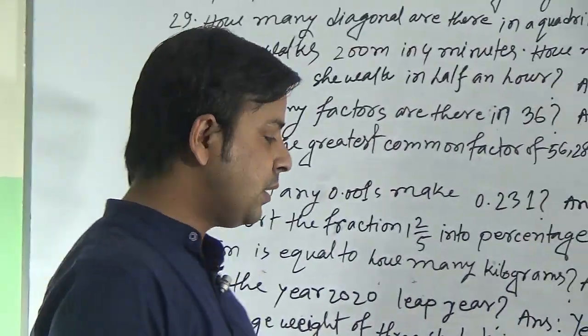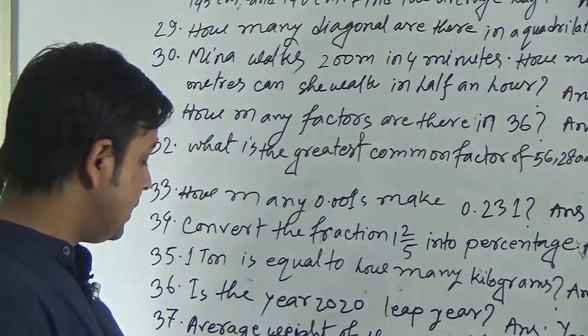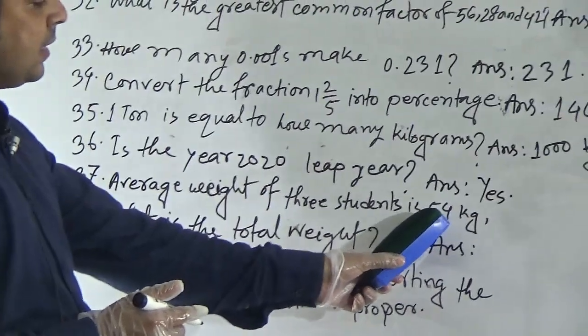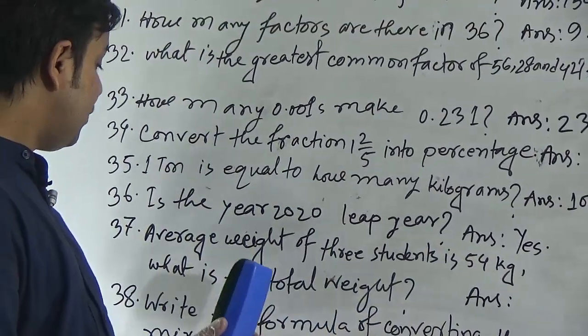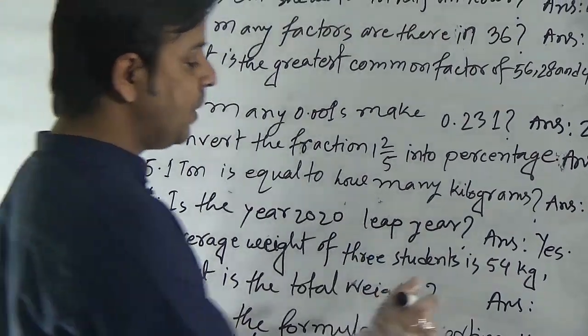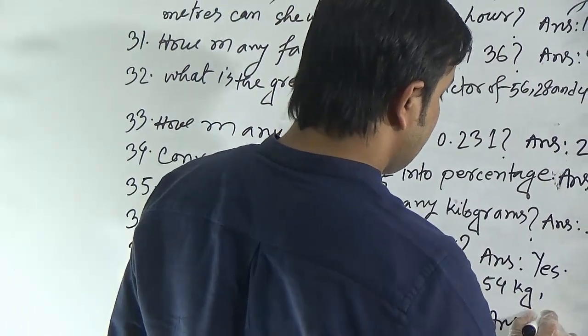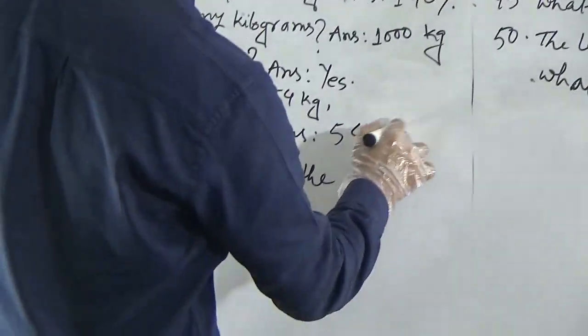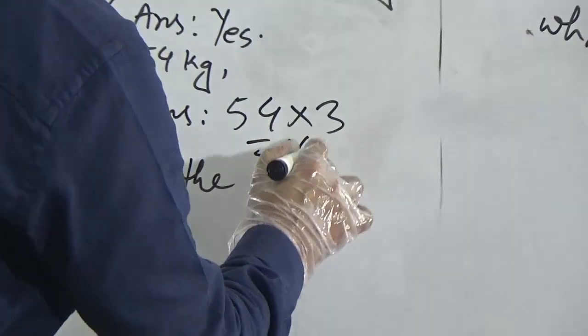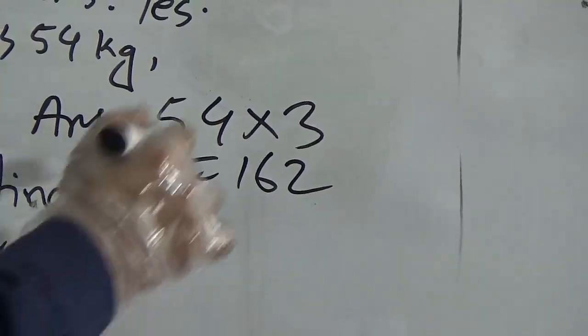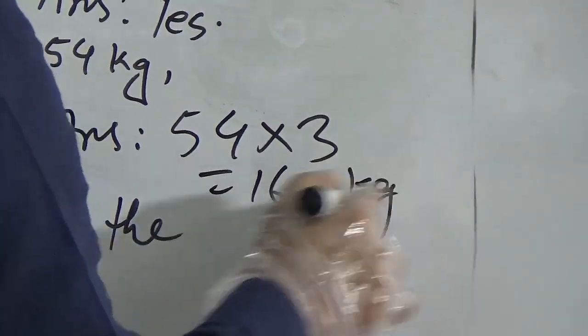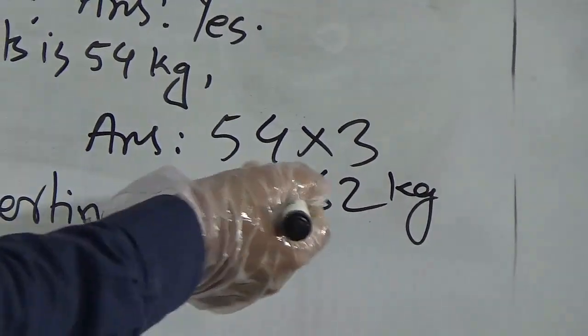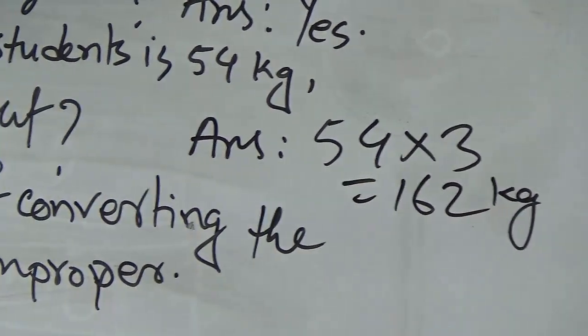Here the average is 54 and the number of quantities is 3. So we have to multiply 54 by 3. It will be 162 kg. So our answer for this question is 162 kg.